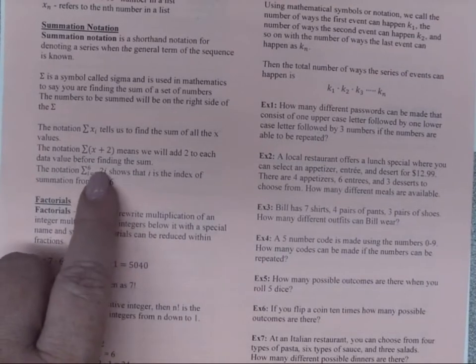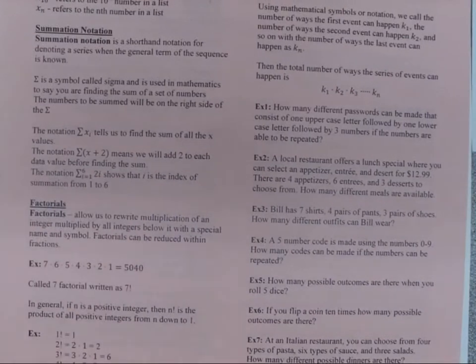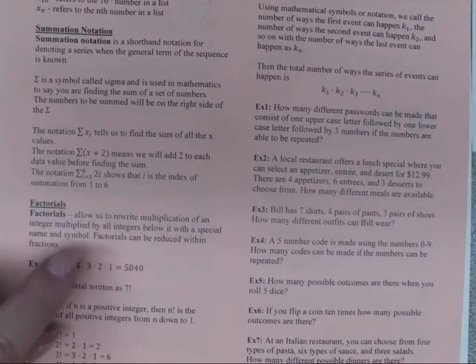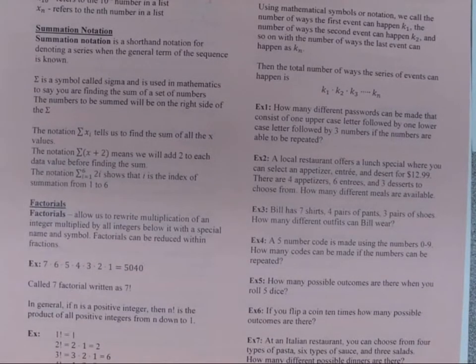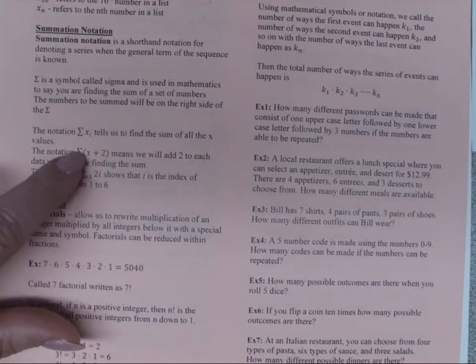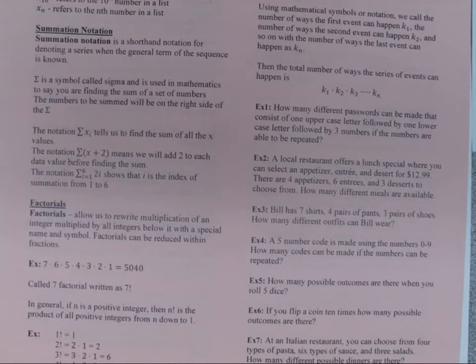We will multiply each of those numbers by 2 and then sum them up, but we're only going to use those numbers. If we have just the x, we'll have a list of numbers to use. If it specifically tells us this, we're using the numbers 1 through 6.